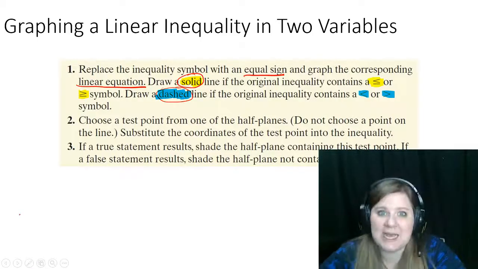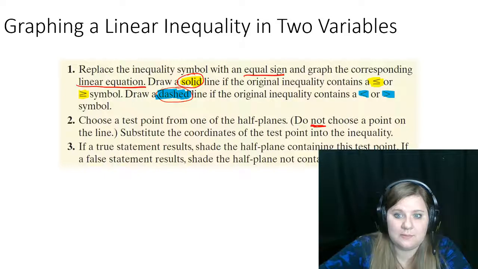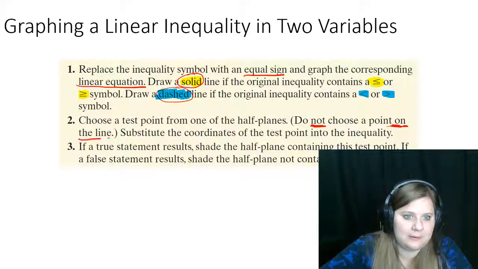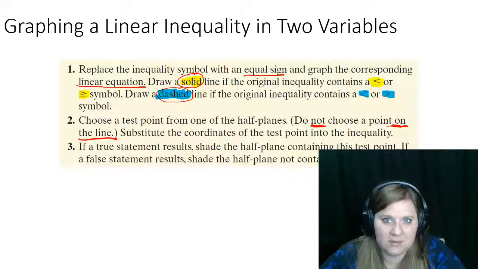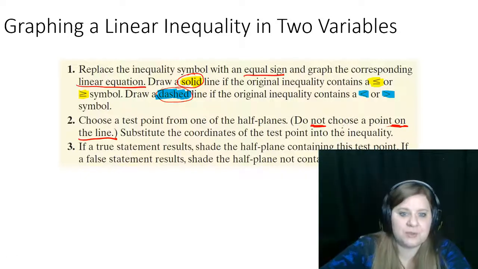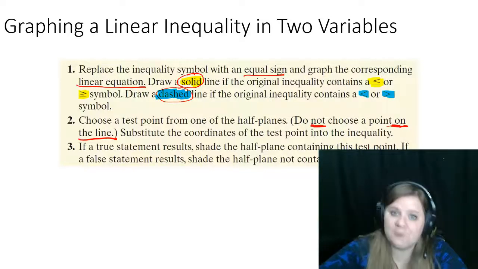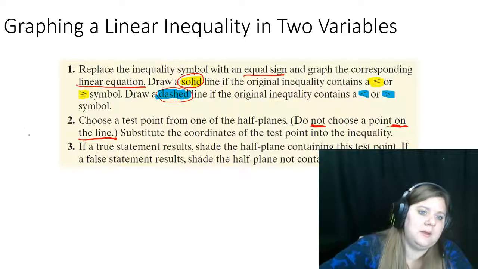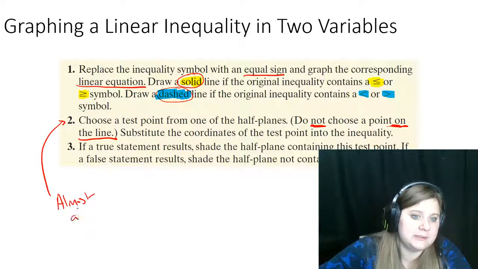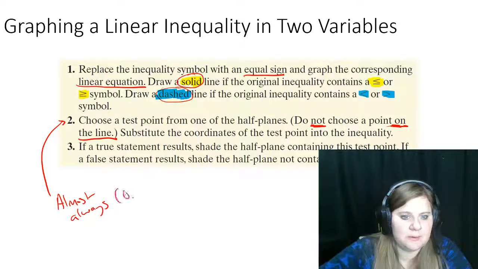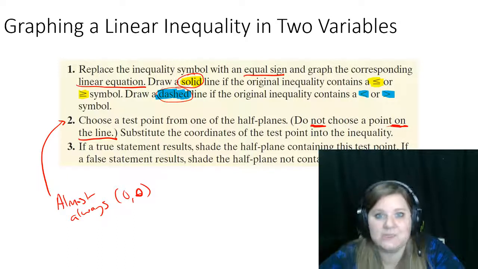Then you're going to choose a test point that is not on the line, and you're going to substitute it into the inequality. If it's true, you shade on the side of the test point. If it comes out false, you shade on the other side. My test point is almost always 0, 0.